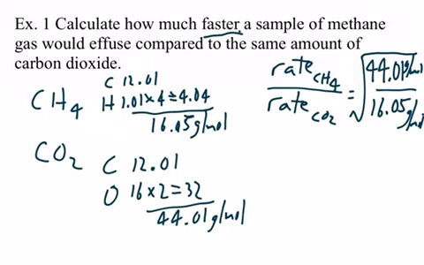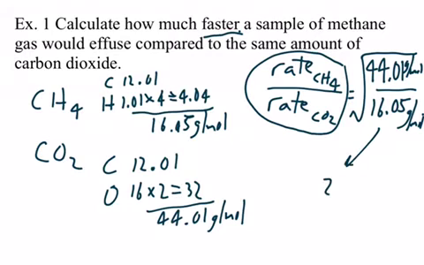And notice what you're going to do, and there's many ways you could do this on the calculator. What they want is how much faster. So really all we want is the ratio between the rate of the faster gas versus the slower gas. So one of the things that I do first is I simply divide. When you divide 44.01 by 16.05, you get 2.742.